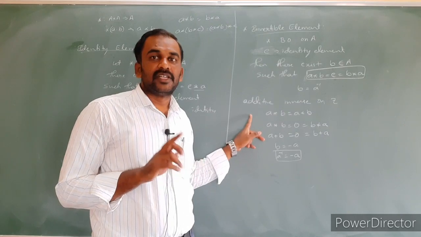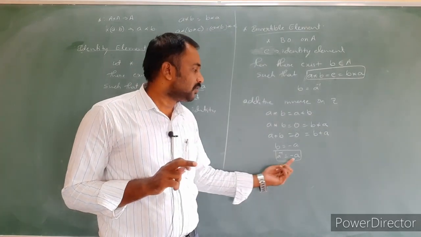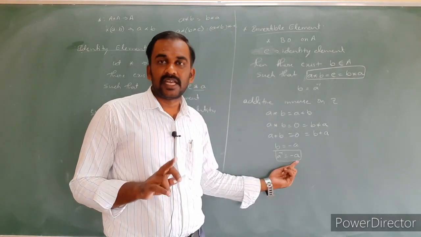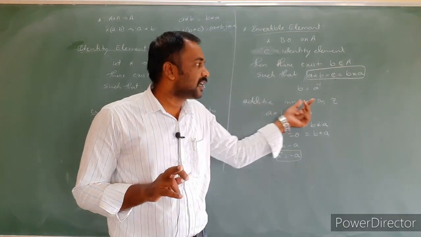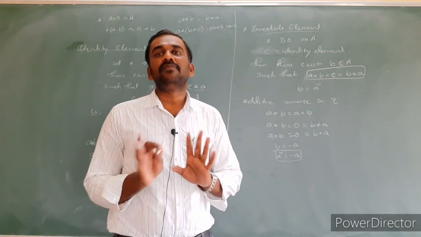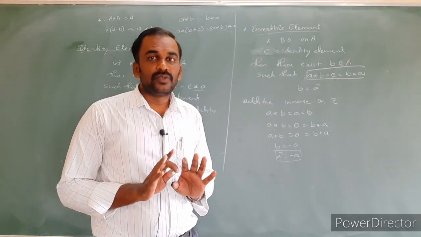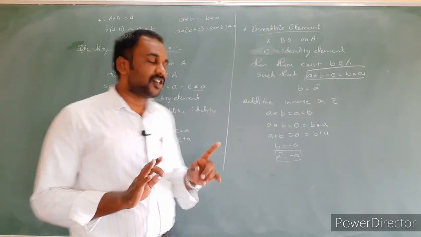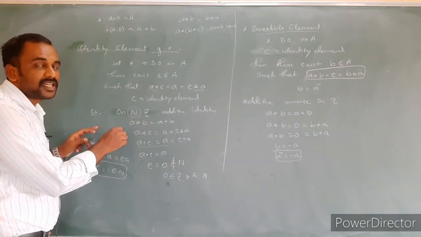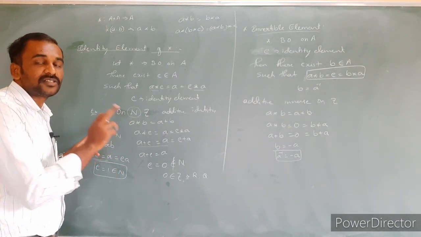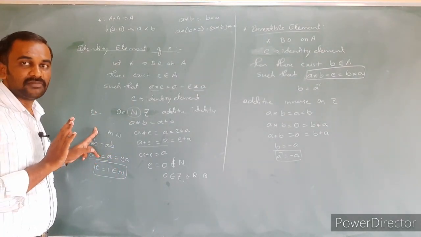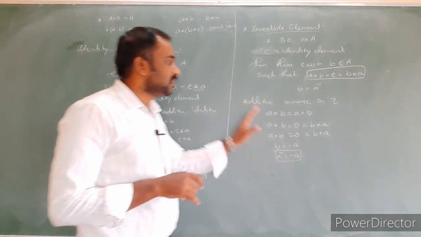So what is the final conclusion? Minus A is the required additive inverse on the set of integers. The additive inverse does not exist on the set of natural numbers. Just remember, this is how we have to find it.